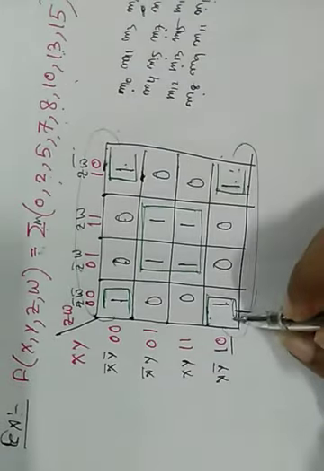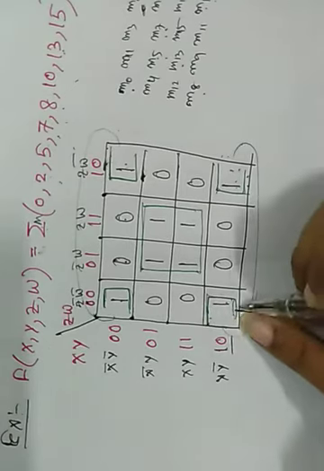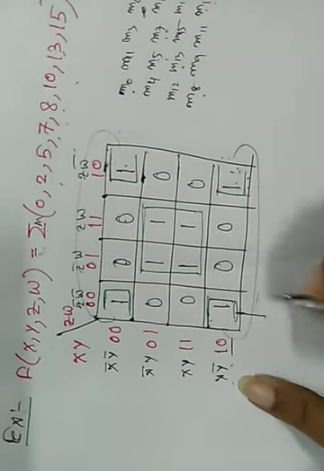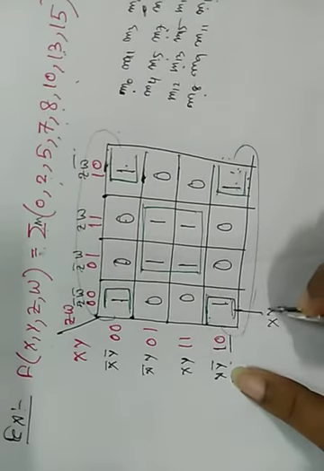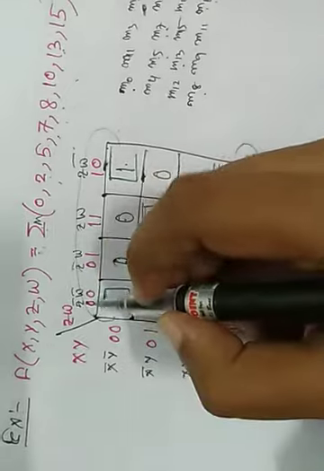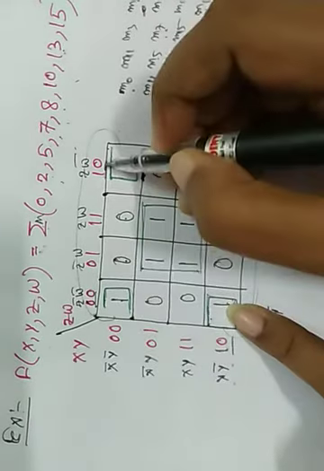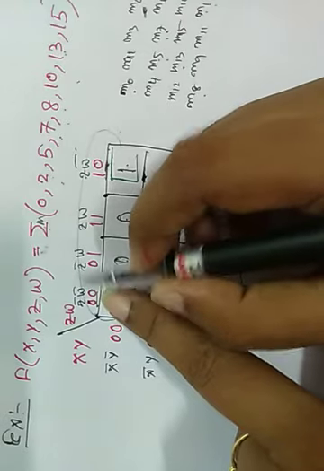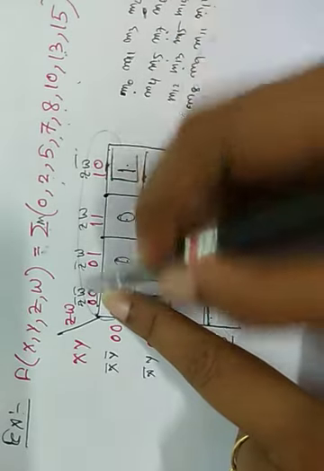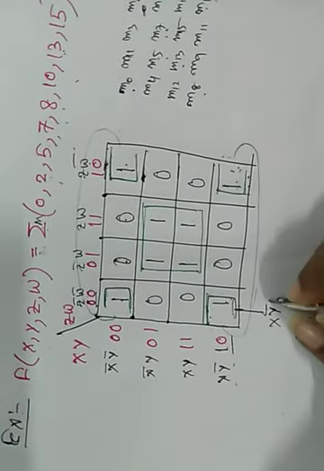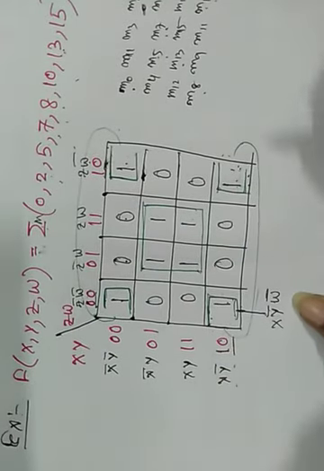For this grouping, as there is 1 single horizontal row, this value must be taken into consideration. And as there are 2 vertical rows, with values here, this and this, which is common between them? Here it is z bar w and here it is z w bar, so obviously w bar is common. For the two vertical lines we take the common value.